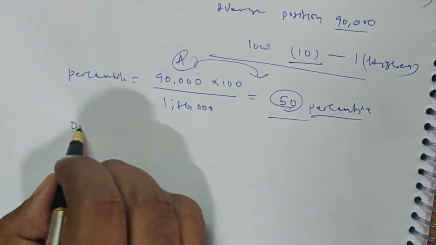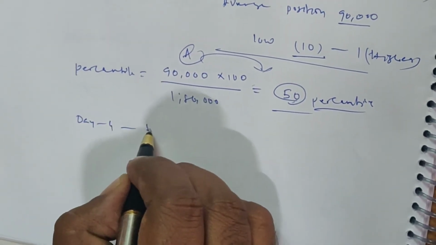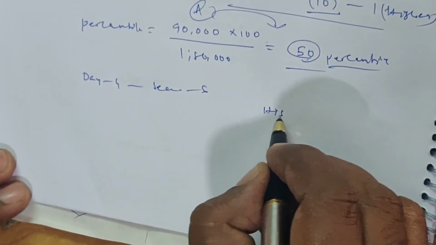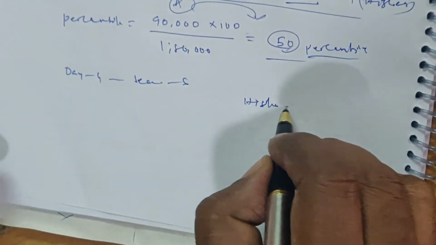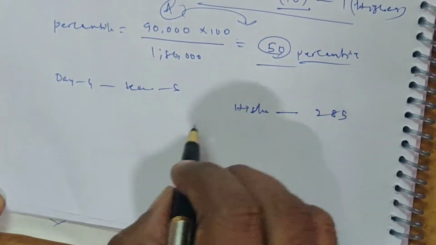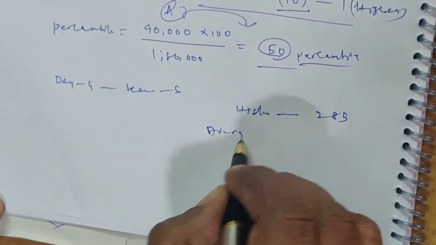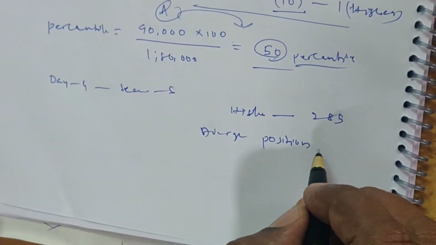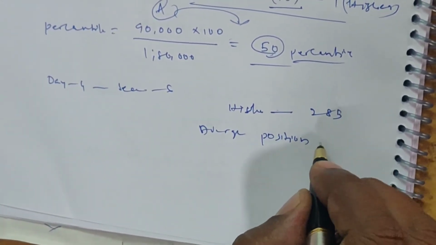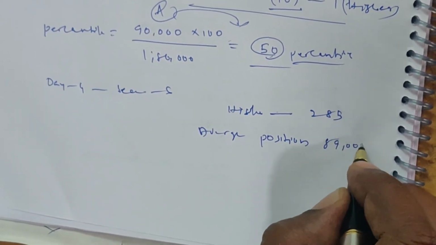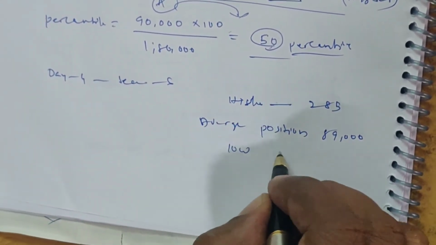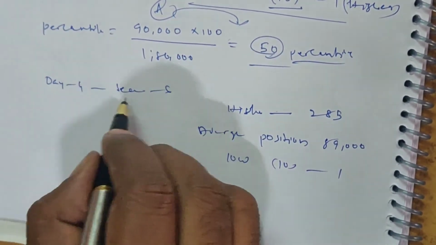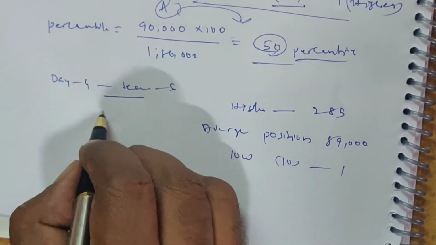For example, in day 4 session 6, the highest marks is 285 and the average position is 89,000.